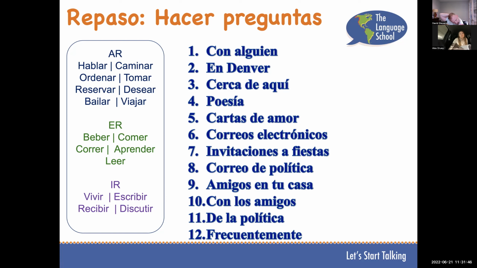Oh, in your house. ¿Bebes amigos en tu casa? So again, you're missing something there to connect it. Because bebes means, do you drink? Amigos en tu casa means friends in your house. So there you're literally saying, do you drink friends? I do not drink my friends. No.